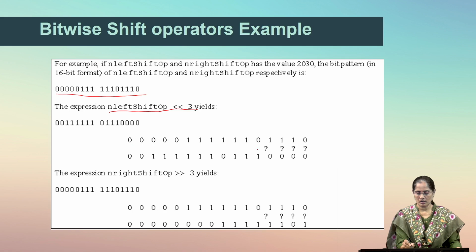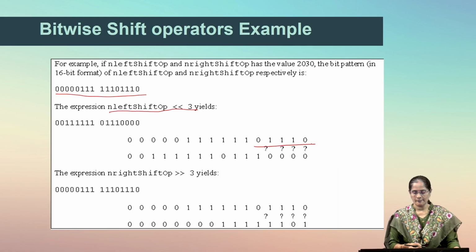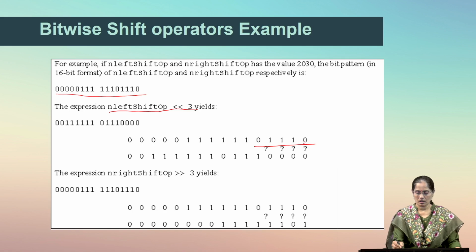So, this is the actual bit representation. When I shift left once, the value 0 will now come to this position and all other bits will be moved towards left. One additional 0 will be added in the first left shift operation. For the second left shift operation, we already have a 0, so it is again moved towards left one more step. On moving thrice, we get 3 zeros added to the actual data.